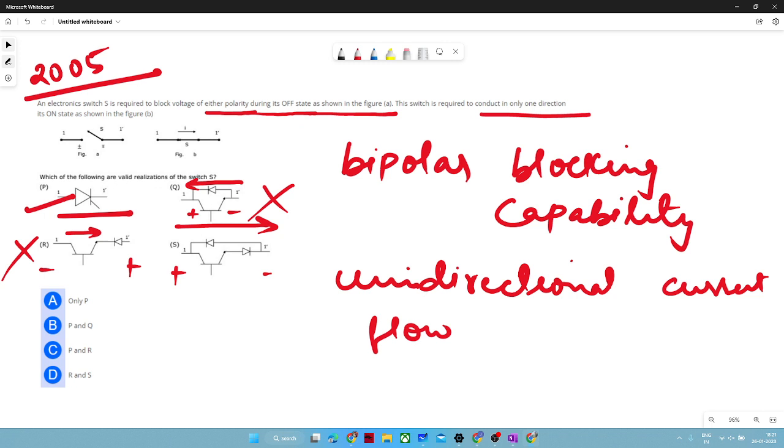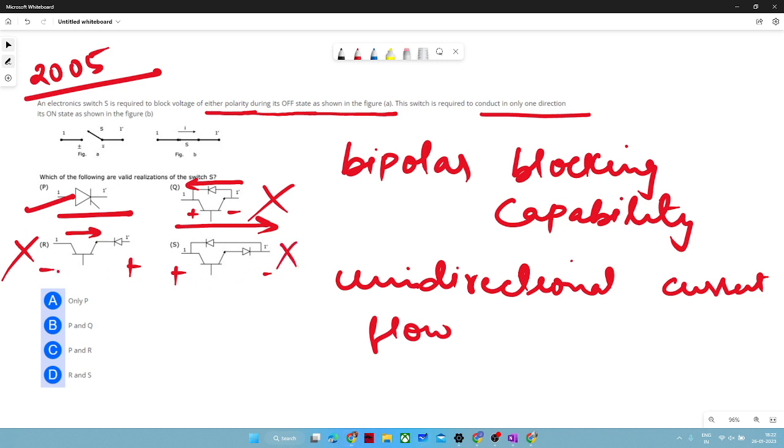So it is a bidirectional switch and it has unipolar blocking capability. So it is also eliminated.